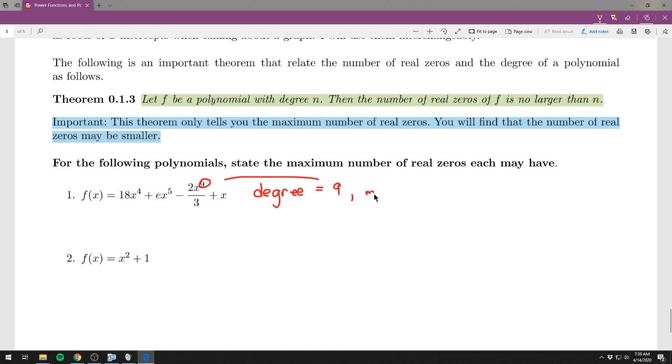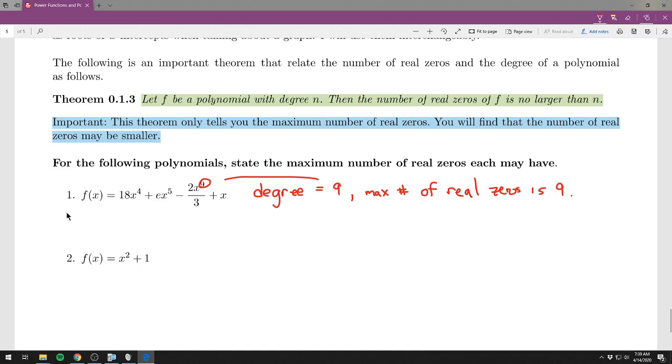So the maximum number of real zeros is 9. Now, if you graph this and you can manage to figure out where all of them are, you might not see 9. You probably won't see 9, but it's the maximum number.